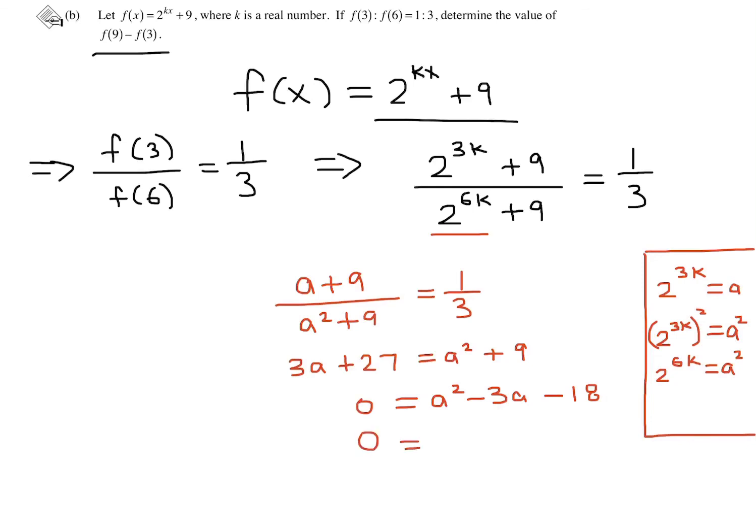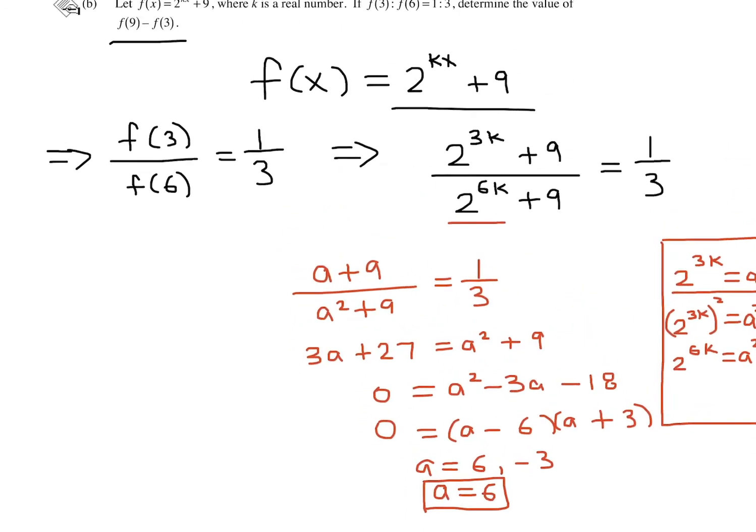And I think this factors: 6, 3, minus, plus, like that. So a is either equal to 6 or minus 3. Well, a is 2 to the power of something, so a cannot be negative. So the only solution for a is 6. That's the only value of a that actually makes sense.